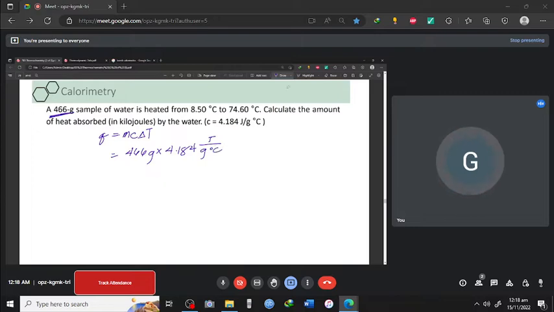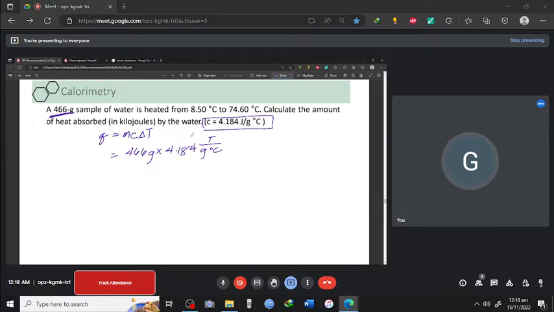Okay, students, pakitandaan tong value na to, katulad nung pagtandaan nyo sa mga gas constant natin, no. So, please remember the value of 4.184 kasi sometimes sa mga problem natin, hindi na binibigay yung specific heat ng water kasi ina-assume na nung mga gumagawa ng question is alam nyo na or memorize nyo na yung value for the specific heat of water. So again, the specific heat of water is 4.184.